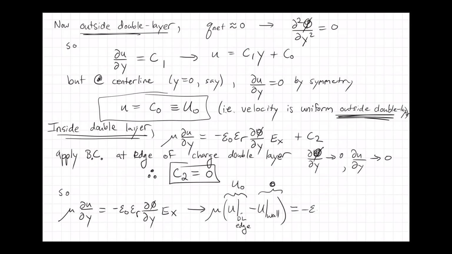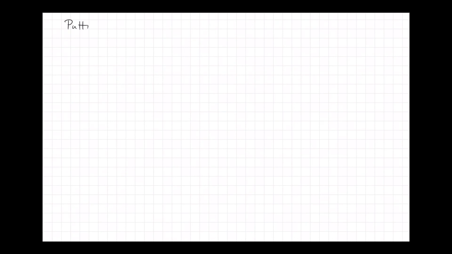At the wall, I know that the velocity itself is 0 by the no slip condition, and outside the electric charge double layer, I know that the velocity is u0 from above. I can do the same integration for the potential, and what I'll find is that the potential outside the charge double layer is 0, which leaves only the so-called zeta potential left at the wall.